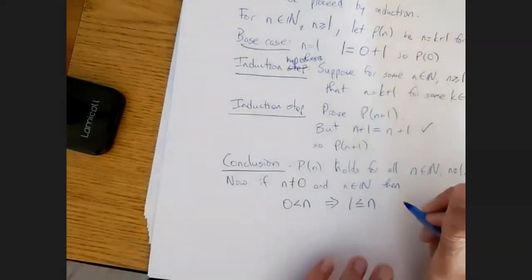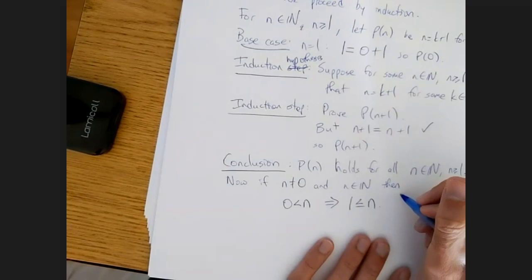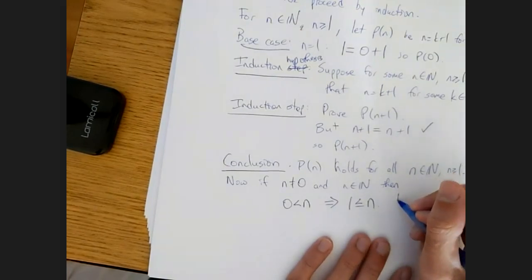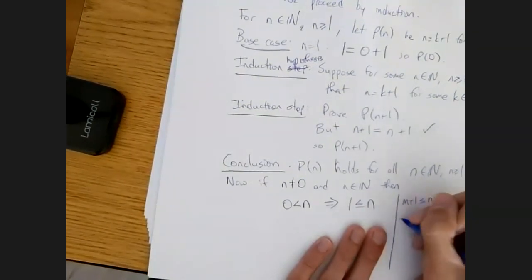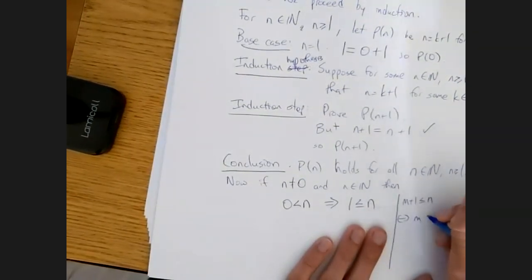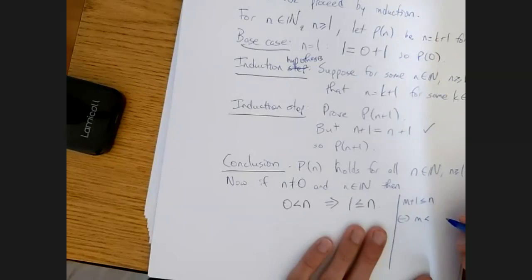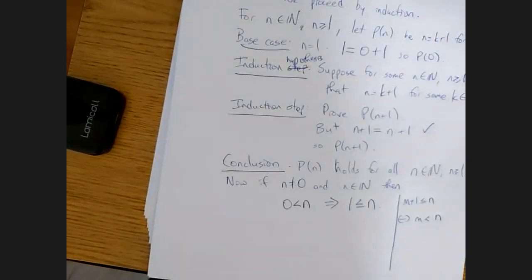Because we've already shown last week that m plus 1 less than or equal to n if and only if m is less than n. I think we've shown that before.